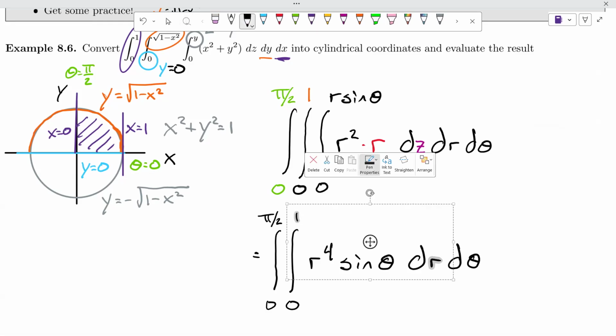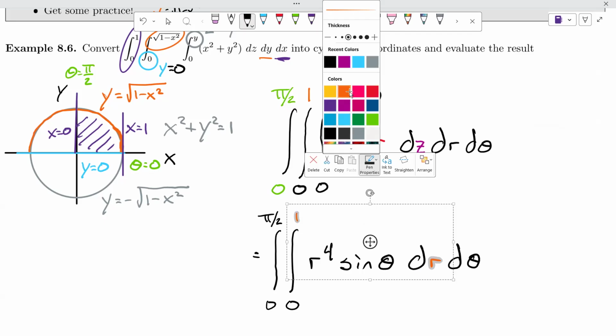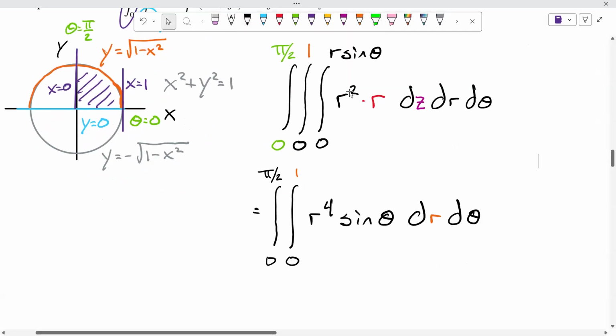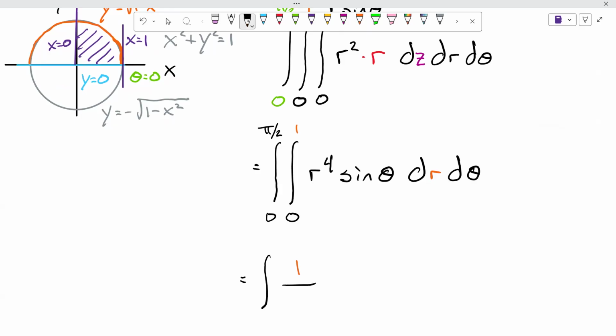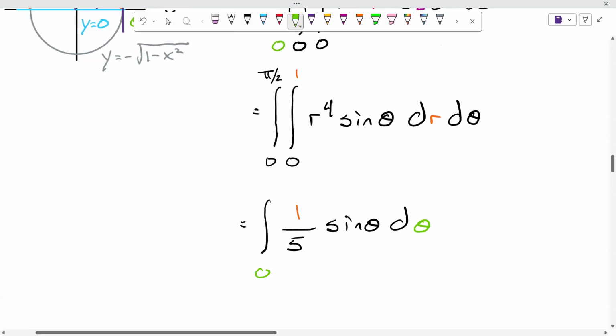All right, then let's go do r next, because it's the next one in order. So when I do my r integral, I get to treat theta as though it were a constant. So I just have to integrate r to the 4th dr, which is going to get me to 1/5 times sine theta d theta, theta now finally from 0 to pi over 2.